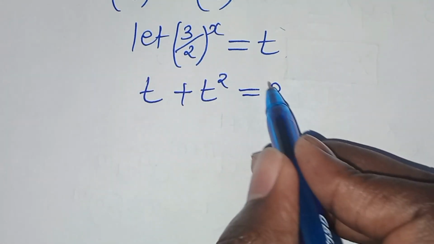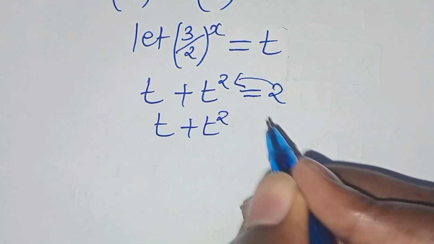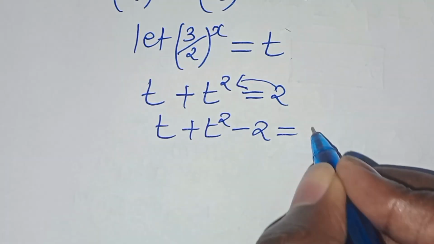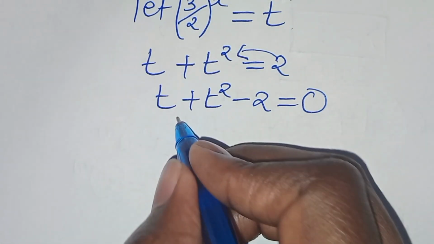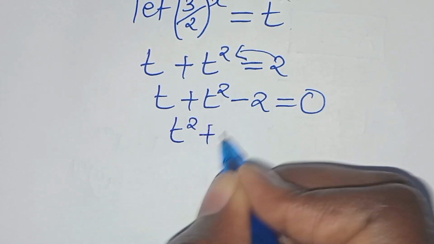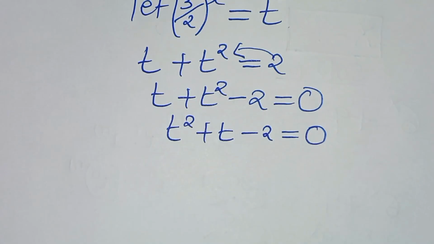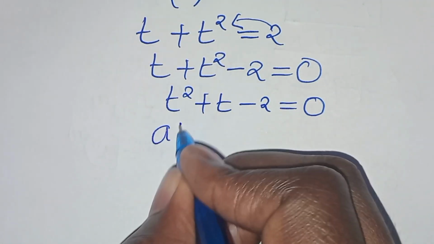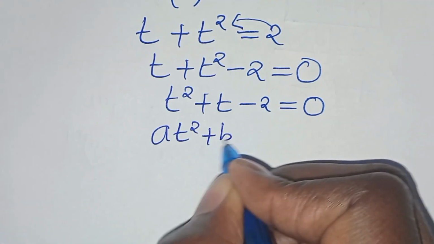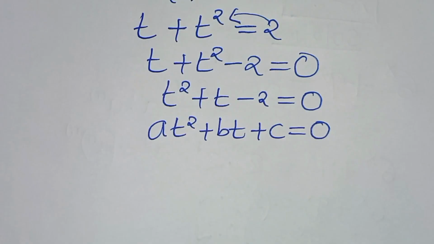So let's take 2 to the left hand side. So here we have t plus t squared minus 2. This is equal to 0. So rearranging this equation, we have t to the power 2 plus t minus 2. This is equal to 0. Now, this is a quadratic equation of the form at squared plus bt plus c. This is equal to 0.